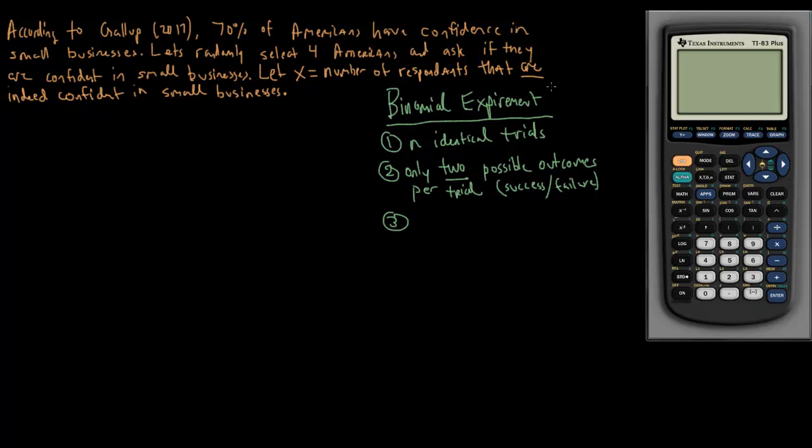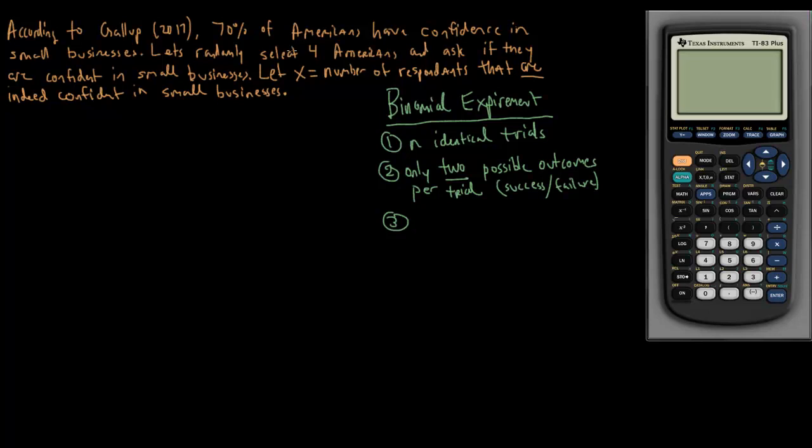Success is what usually we say, that's what we're looking for. For instance, if I ask people whether they have confidence in American small business, if you tell me yes, you do have confidence, that's a success. And if you say no, you don't have confidence in American small business, that's a failure. Now, does that mean a good thing versus a bad thing? Not necessarily. That's just how we talk about the binomial experiment. There are two outcomes. We call them success and failure, even though you shouldn't think about one being bad and the other one being good.